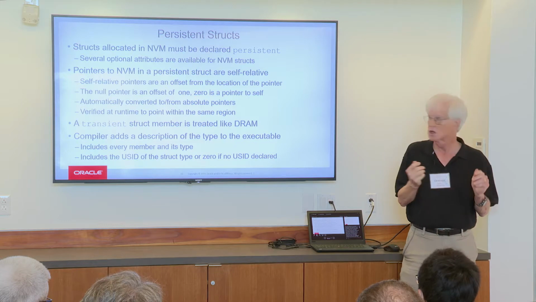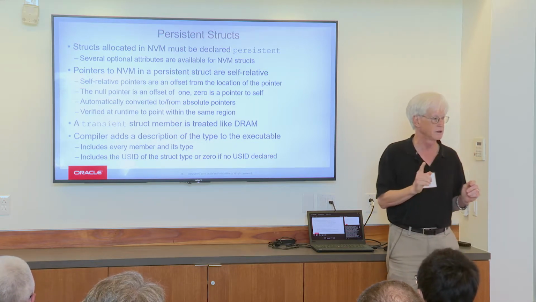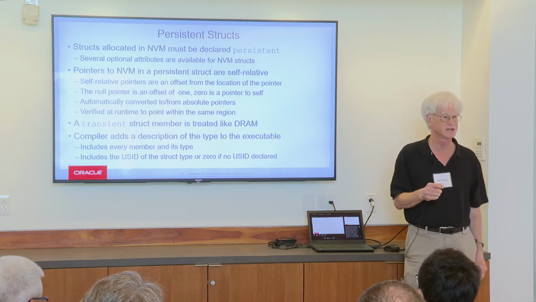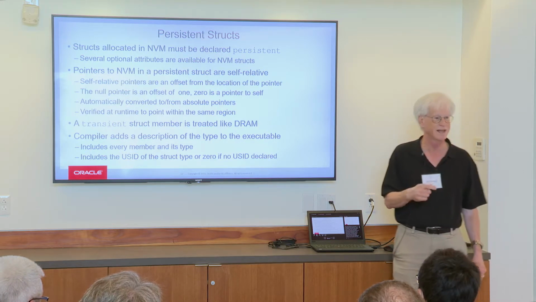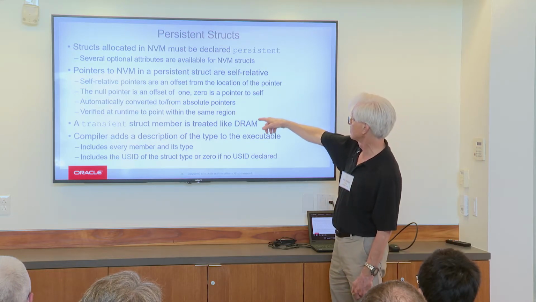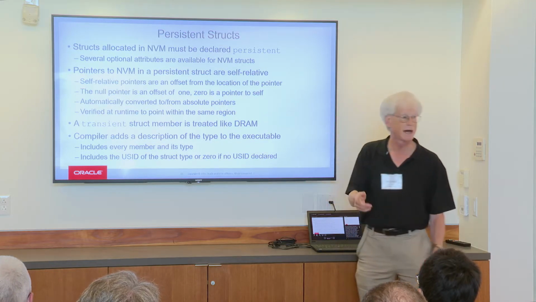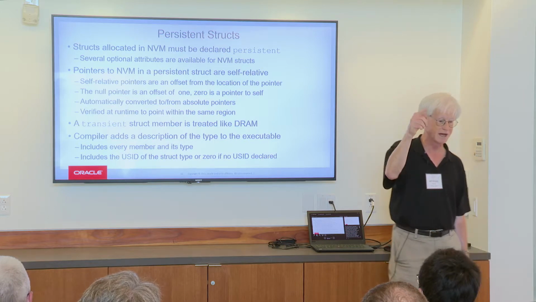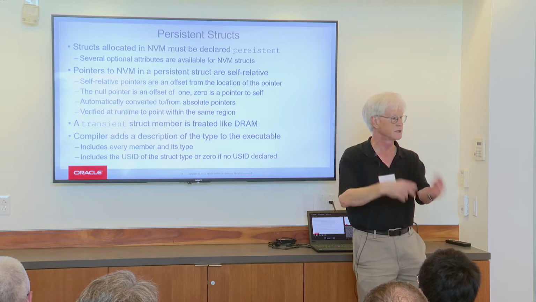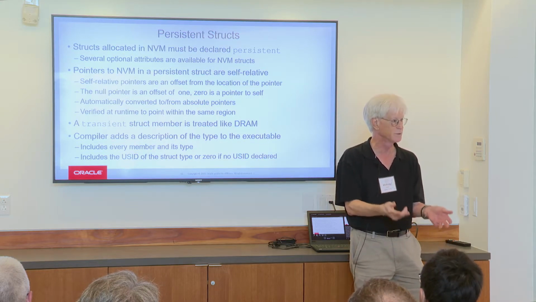So a 1 represents a null pointer. I was very confused about this until I found out that Boost does it this way, so I didn't invent that. And then the precompiler knows that you've got a pointer from NVM to NVM, and it outputs the code to do the arithmetic for you.